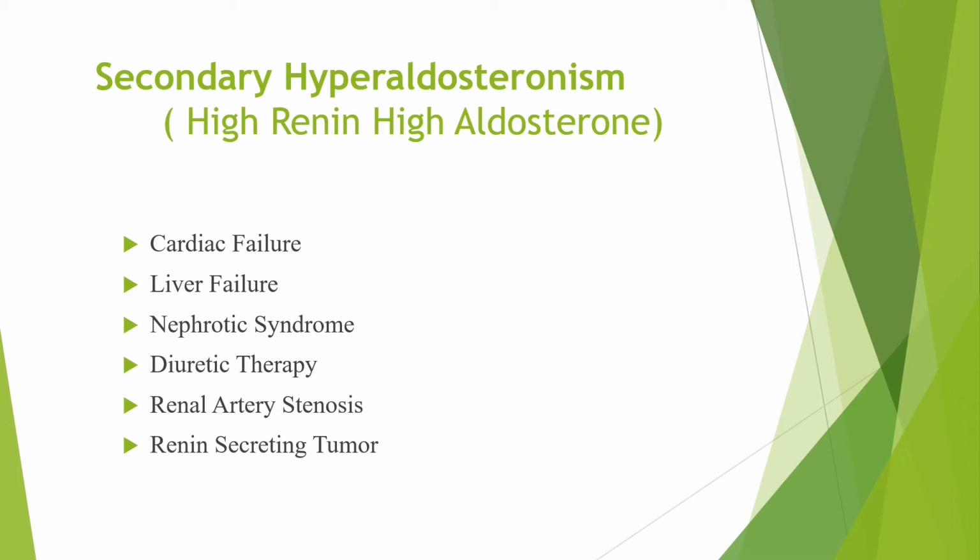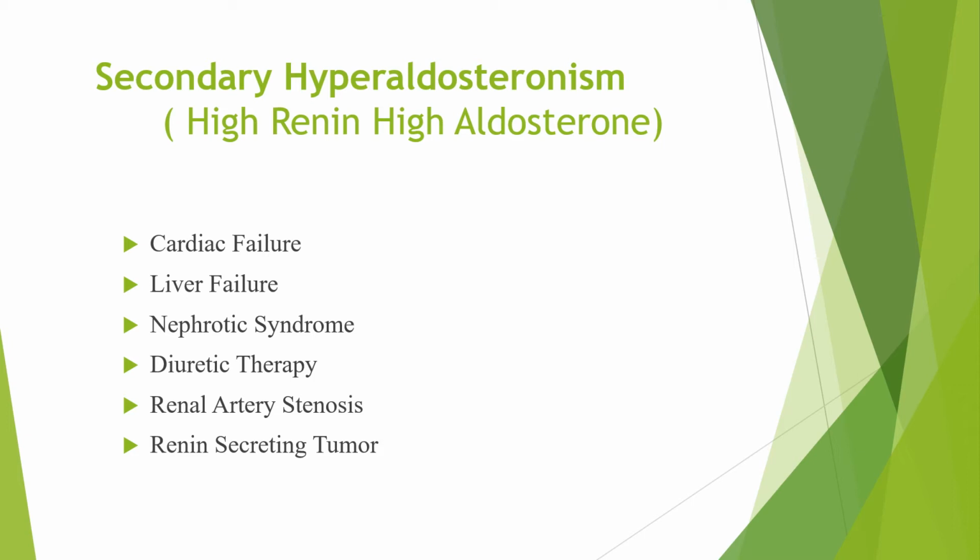The most common cause of secondary hyperaldosteronism is impaired renal perfusion. Anything that impairs renal perfusion or anything that reduces the effective circulatory volume will lead to increased renin excretion from the juxtaglomerular cells in the kidneys, as we have already discussed, that will ultimately lead to increased aldosterone excretion.